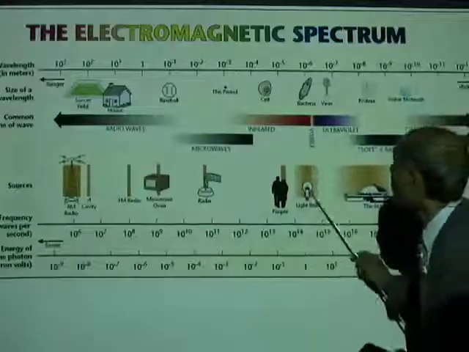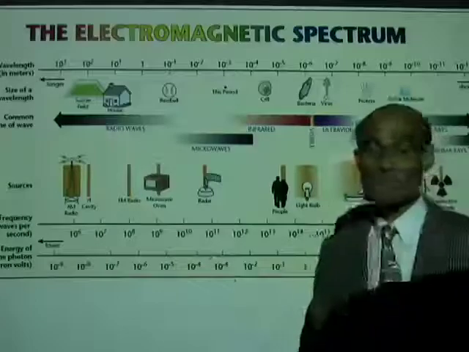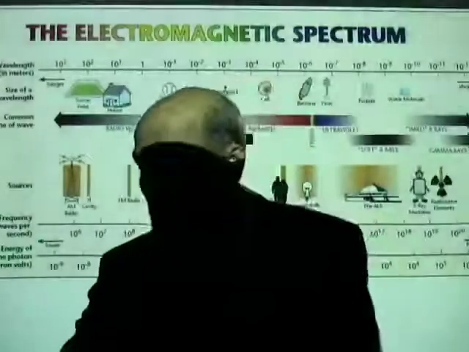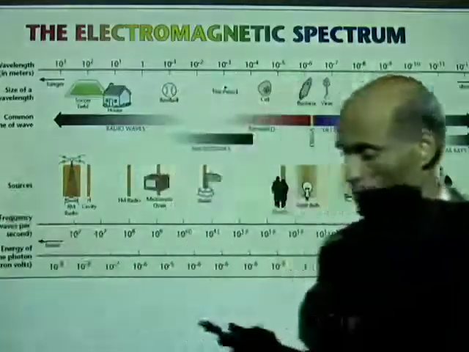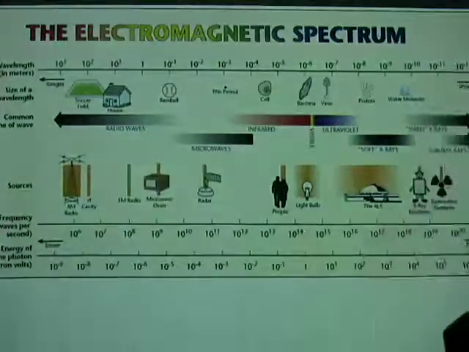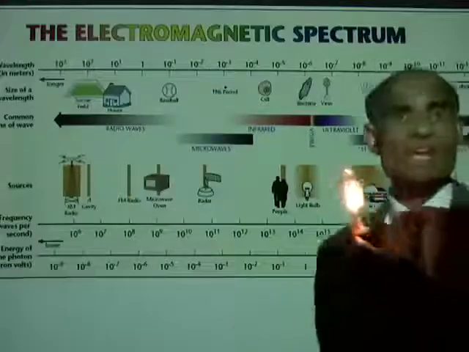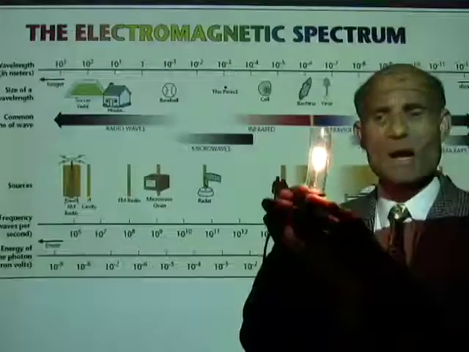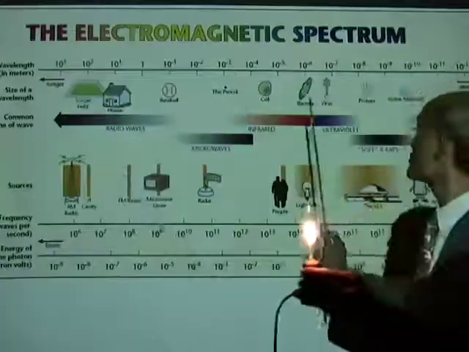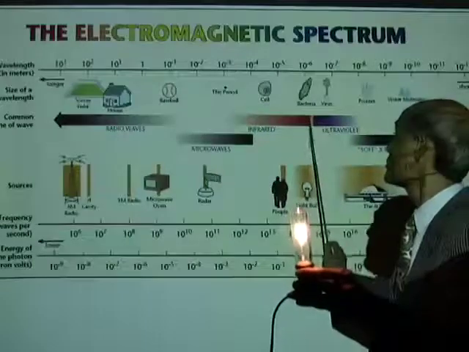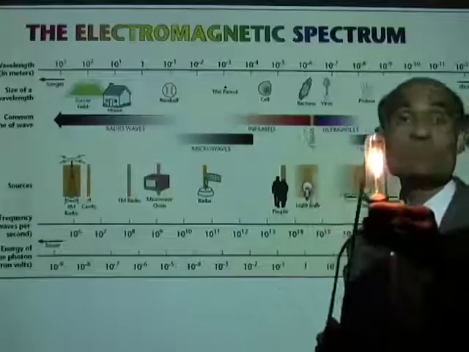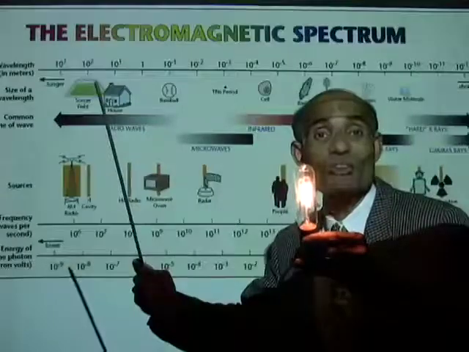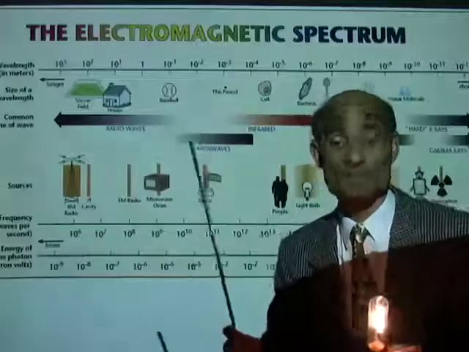And the light bulb, the visible light, is in that very small region. So when I put this light on, the light produced by this bulb is in this region. And you can see this light is made up of about 4,000 different colors.